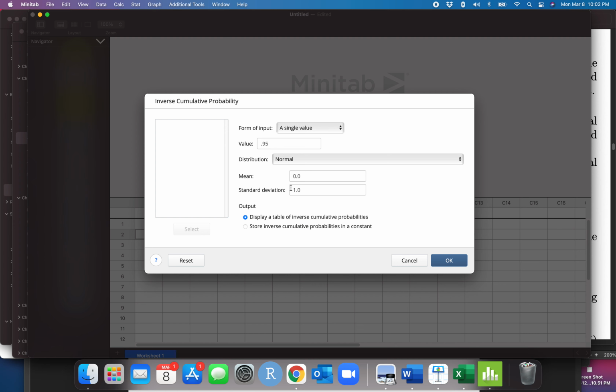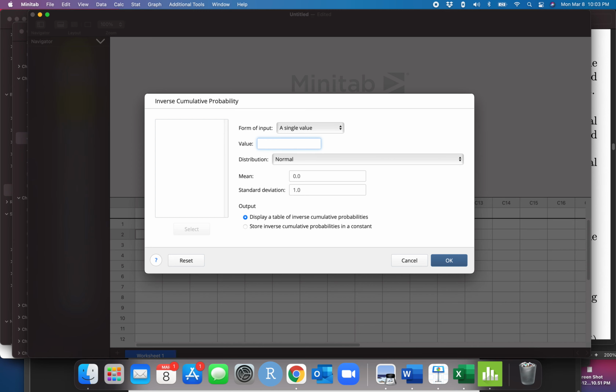The mean and standard deviation need to be 0 and 1 for this to work. The number I put in as my value here is not a point on the x-axis, not a value of the random variable. It's the probability to the left of a single point.